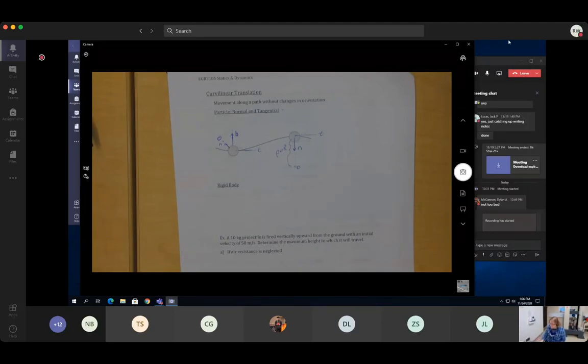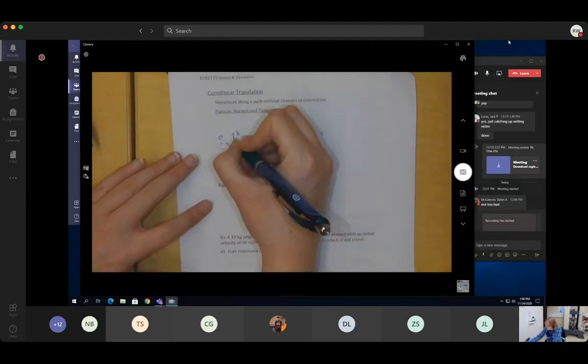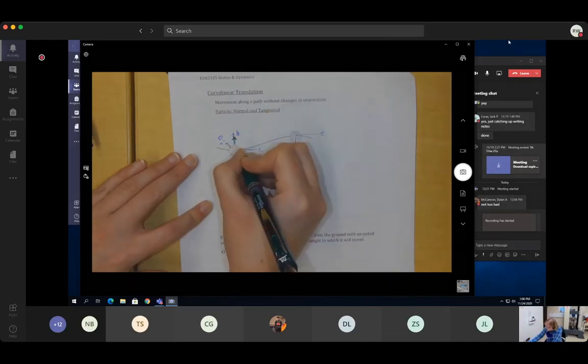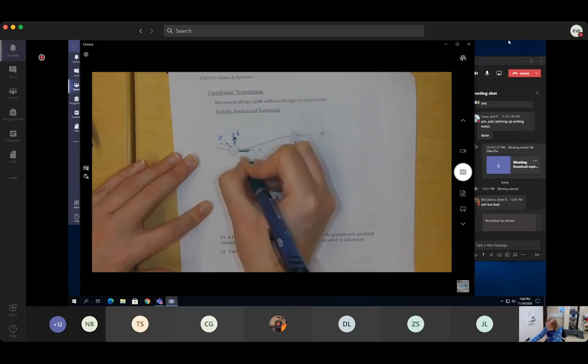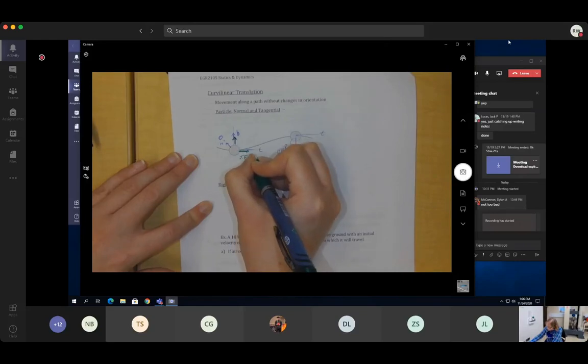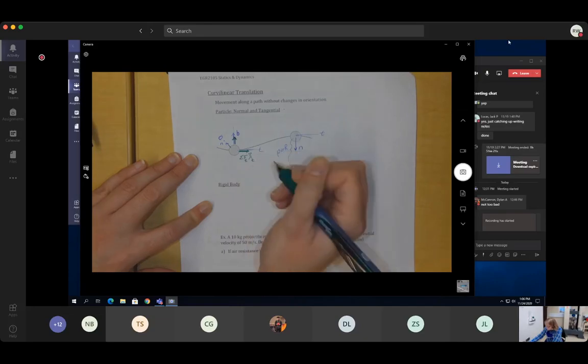Okay, and so with this, we can have forces in any of those directions. So we could have forces in our tangential direction. So we'll have a sum of tangential forces in that tangential direction, and I'm using lambda.